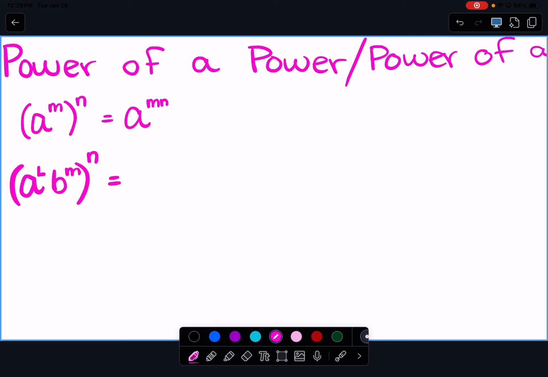Whenever we have something in there that's got multiple pieces to it, essentially we're going to apply the power to both of the pieces. So it would be a to the l times n, and then b to the m times n. So we're just multiplying the powers of both of them.